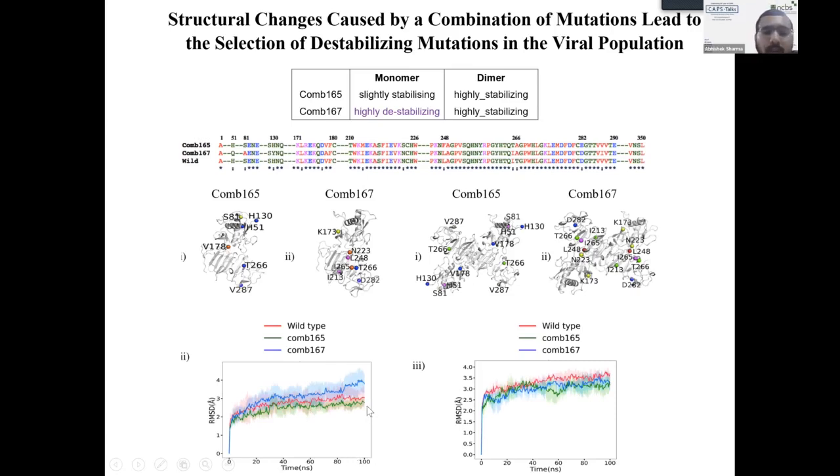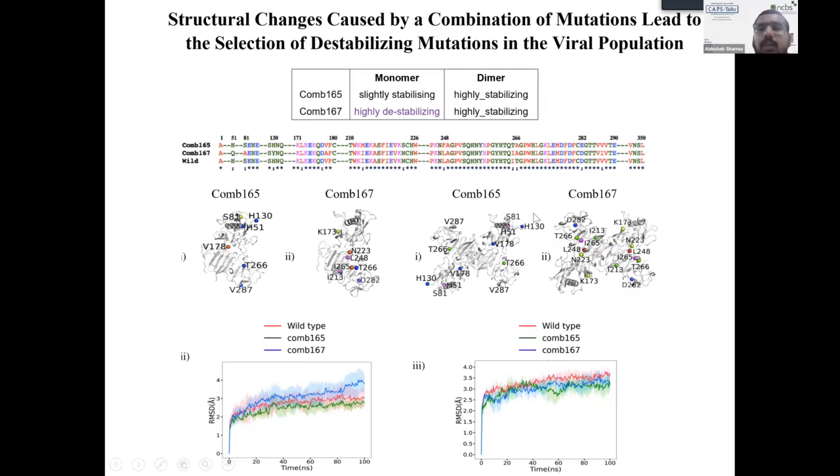Now, you can see that in the case of the monomer, combination 167 is highly destabilizing in nature, which you can also see from the RMSD trajectory. The RMSD trajectory of combination 167 has not stabilized at 100 nanoseconds. Whereas the stabilizing mutation combination, 165, in green, has been stable throughout the simulation. In the case of the dimer state, which you can see in panel 3, all the trajectories have stabilized within 100 nanoseconds, including combination 167.